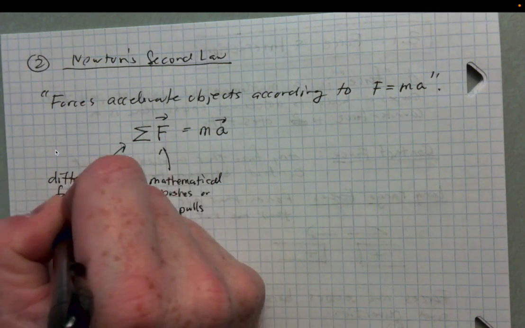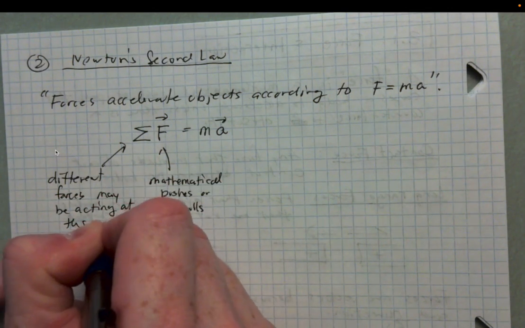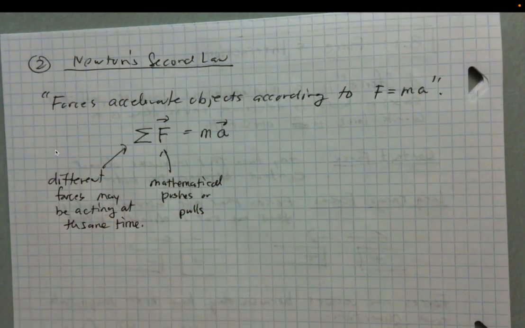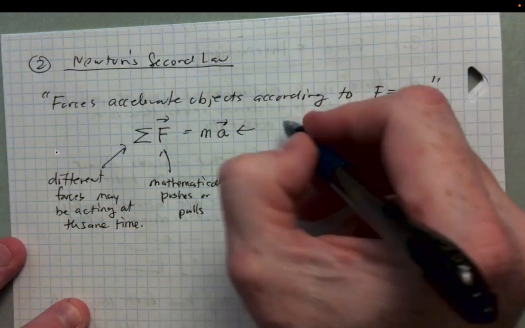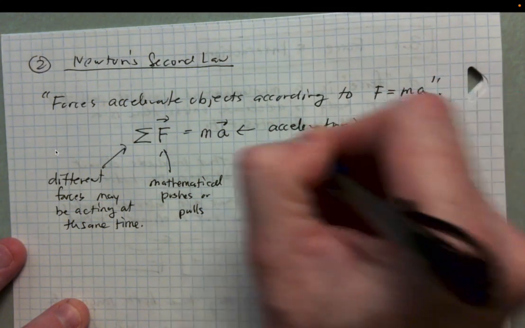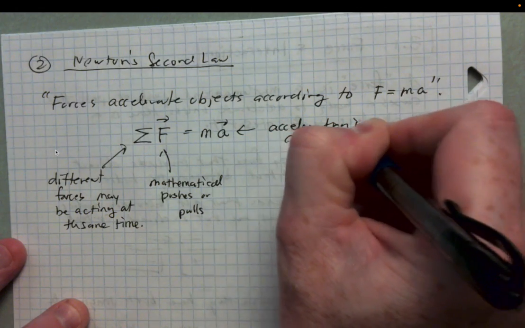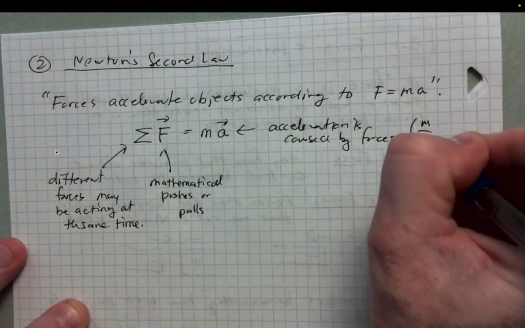So I've got different mathematical pushes or pulls acting at the same time. We add them all up, and that gives me the left-hand side of the equation. What's on the right-hand side? Well, this is just acceleration. Acceleration is caused by forces, and we know the units there are meters per second squared.